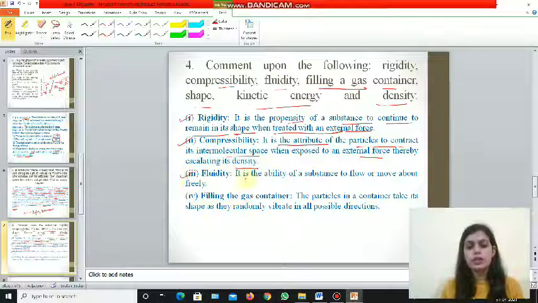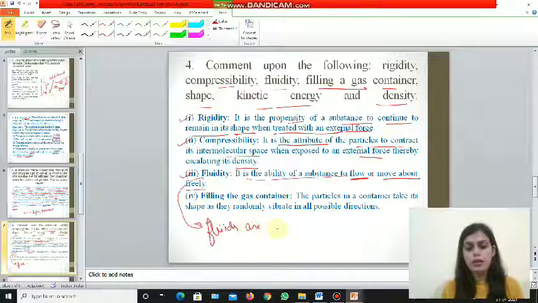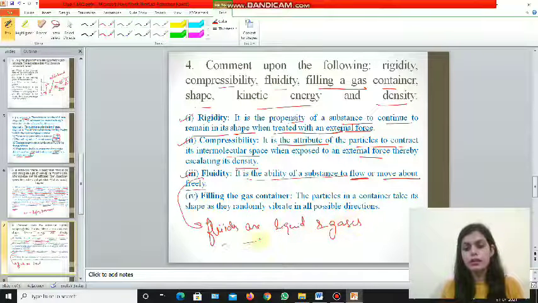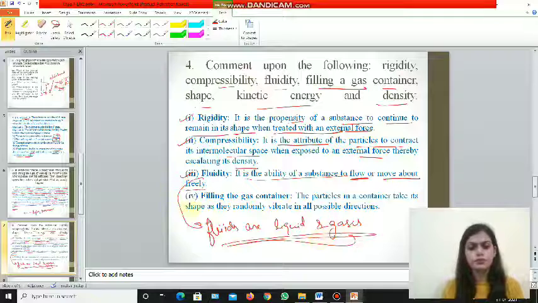Third is fluidity. It is the ability of a substance to flow or move about freely. So we can say fluids are liquids and gases. Gases and liquids are in the category of fluids. Fourth is filling a gas container. The particles in a container take its shape.